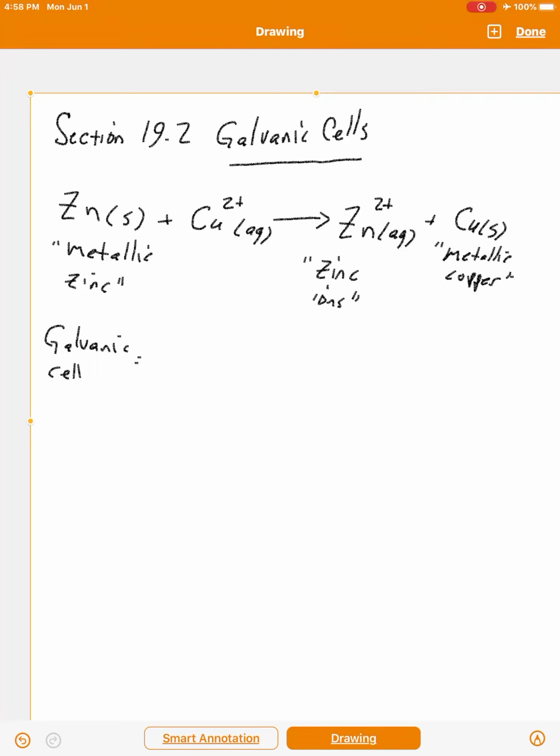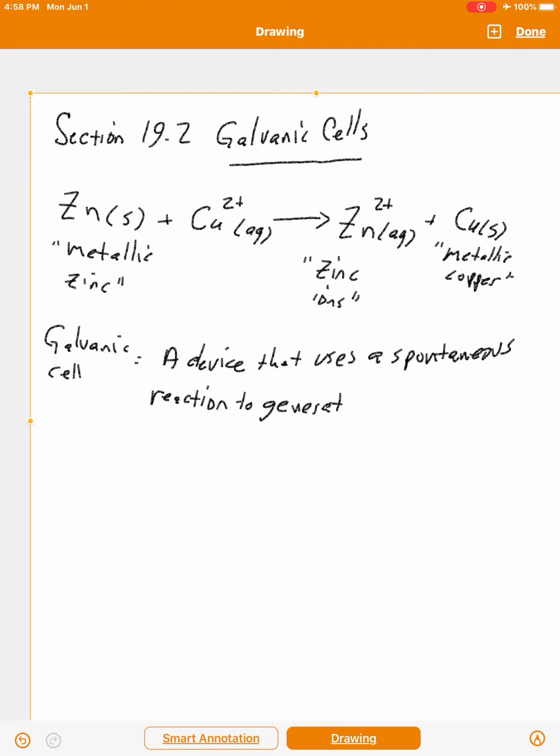A galvanic cell is an apparatus, a device that uses a spontaneous reaction to generate electricity. Isn't that cool? We're going to use a redox reaction to generate electricity. Okay?